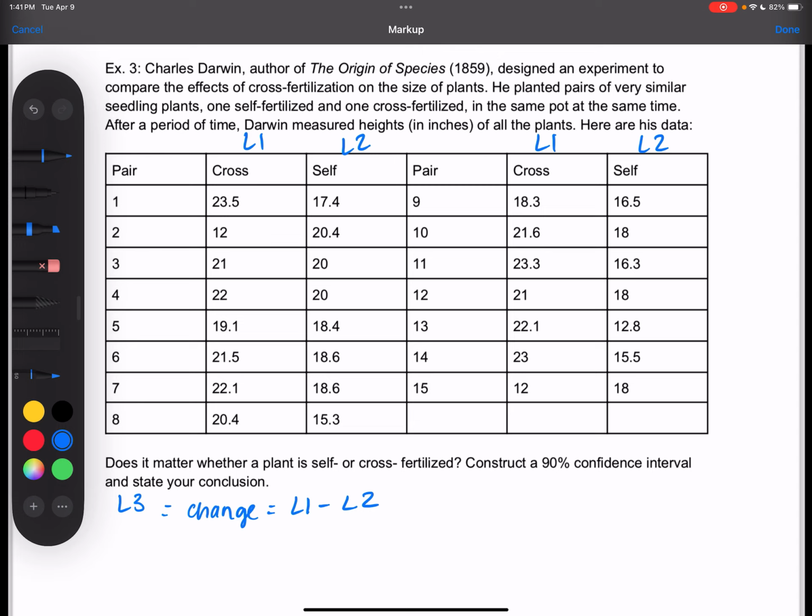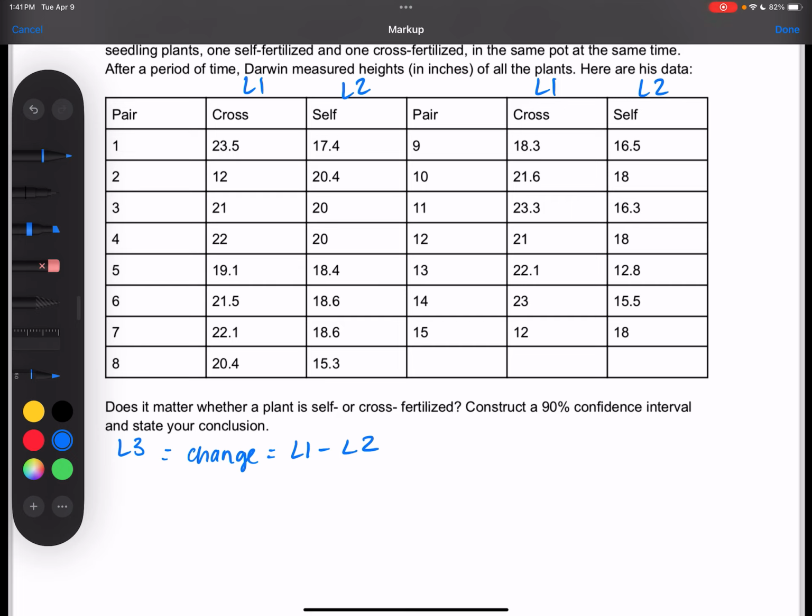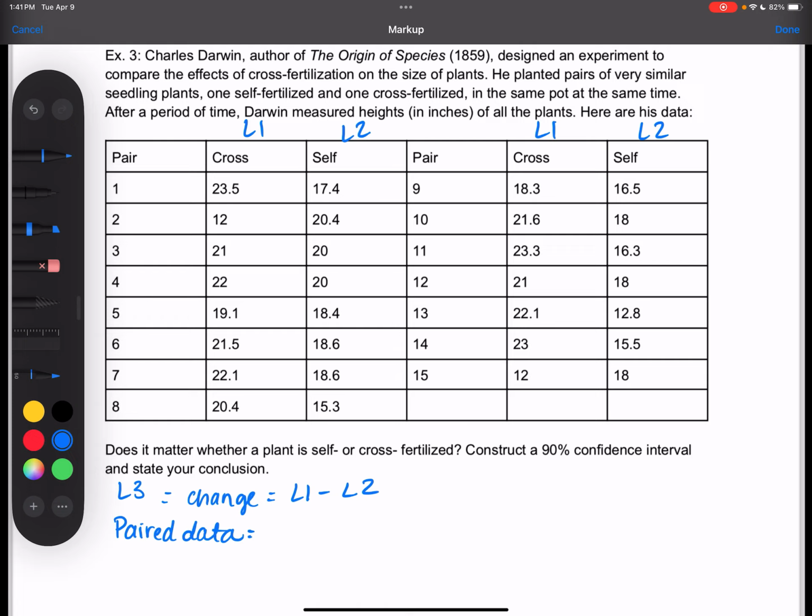Yeah. All right, so let's look at our conditions before we go too much farther, just because we have that one condition that's a little different with this stuff. So paired data. This is the only one I'm actually going to write everything out for, just because the other ones are the same stuff we've been doing.